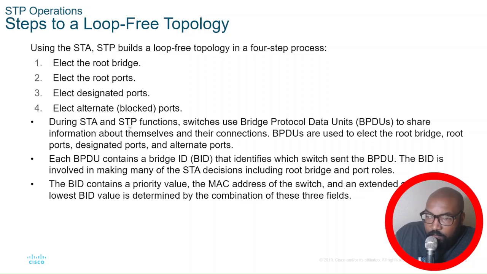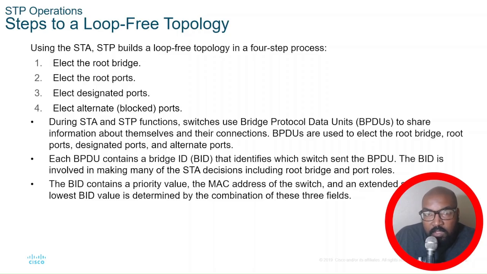During this algorithm, STP functions, switches use what's called BPDUs, okay, Bridge Protocol Data Units, to share information about themselves and their connections. BPDUs are used to elect the root bridge, the root ports, designated ports, and alternate ports. So there's a negotiation that happens that basically says, hey, we all can't do the same thing all at once.